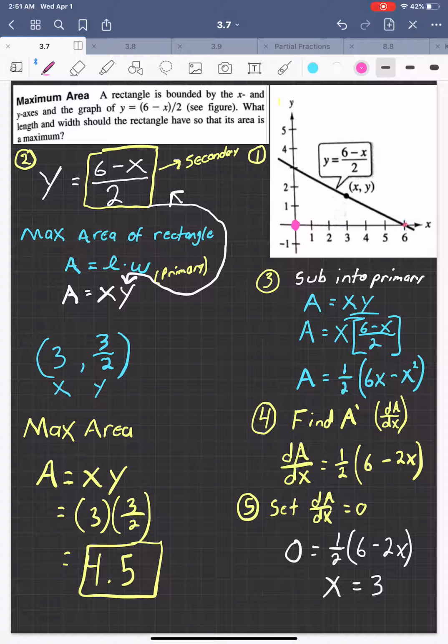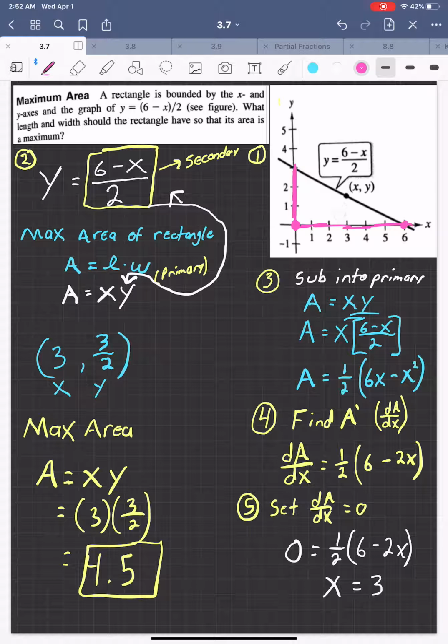And the maximum in this case would be 6. But do you even have a rectangle? You have no rectangle. You either have all length or all width, but you don't have any two-dimensional rectangle to take an area of.